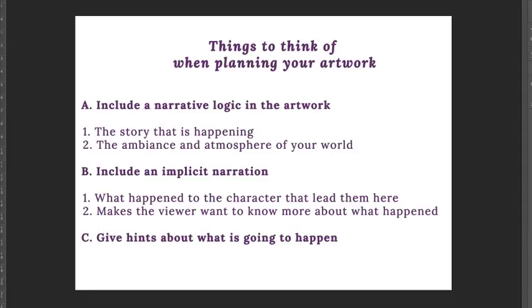So technically, when you've reached this point, you already have a really good idea of who your character is and how they look. We did a workshop about this last month, so if you weren't here, I'm sorry.